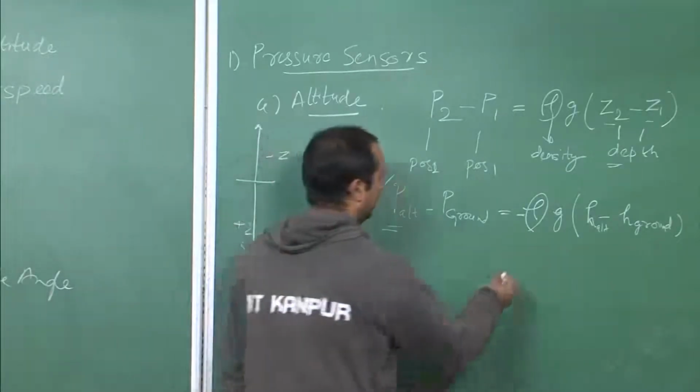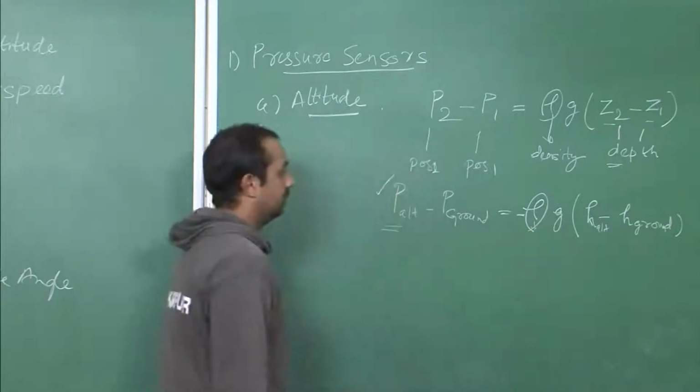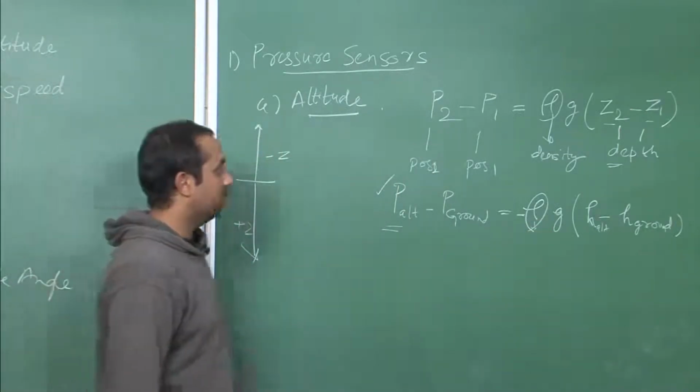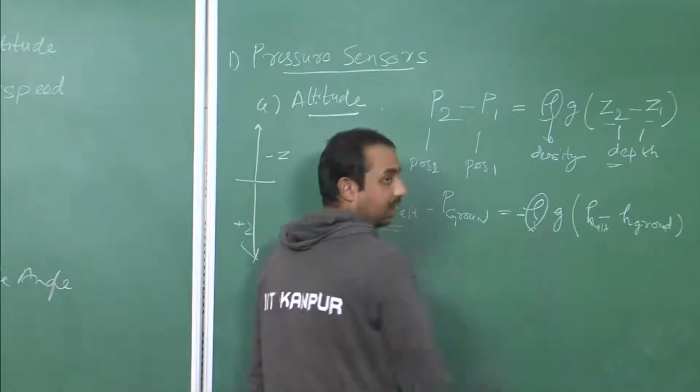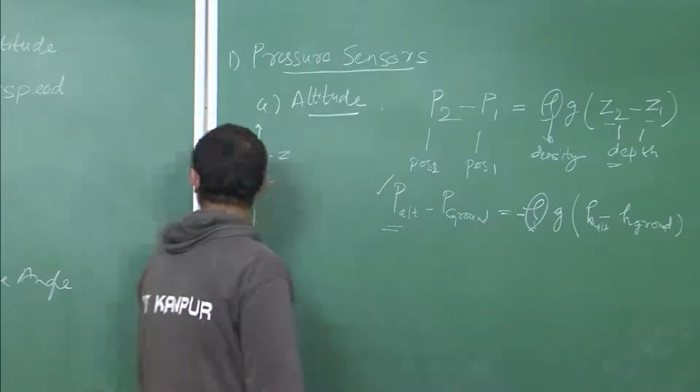As height increases, your density decreases. So if you want a more accurate result, you have to incorporate the changing density as the height increases.